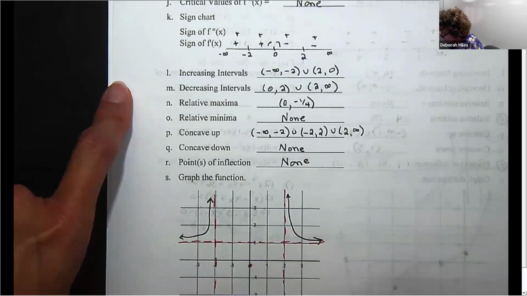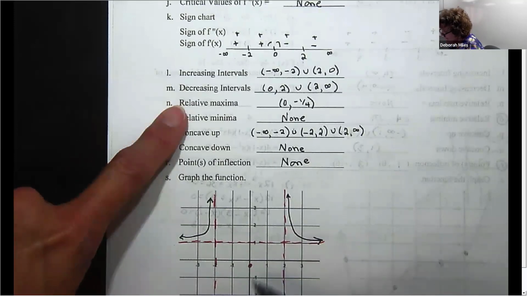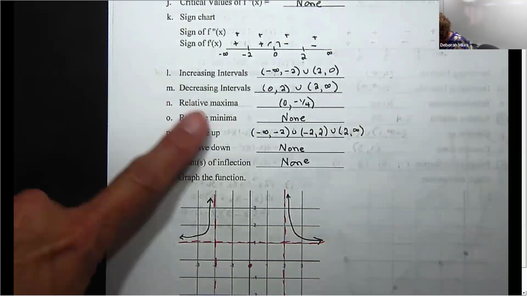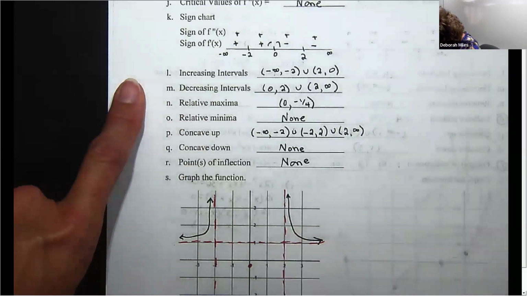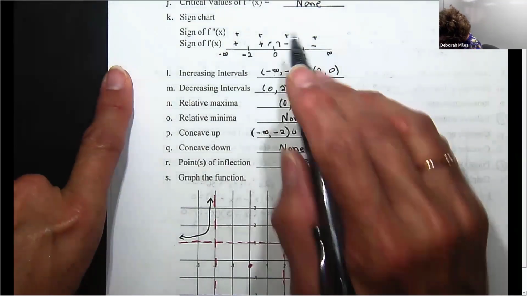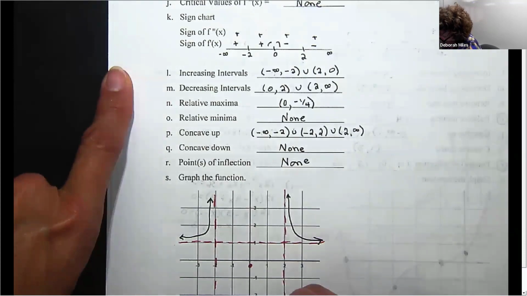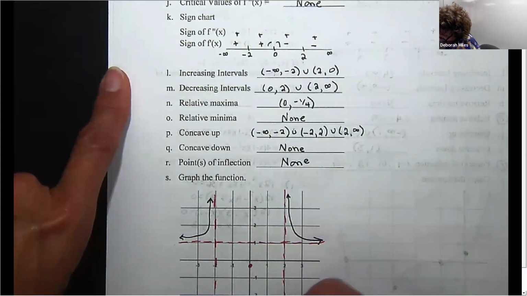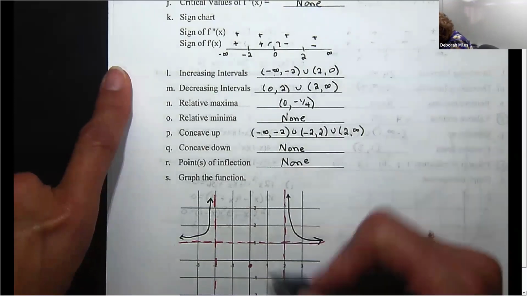That would be increasing and concave down, like right before that. Let's see. Let me look again. -2 to 0, increasing concave up. Why am I having trouble doing the concave up? I'm gonna come back to that.